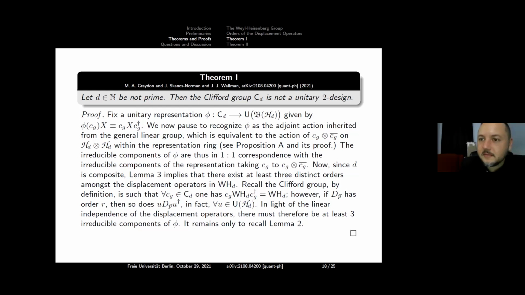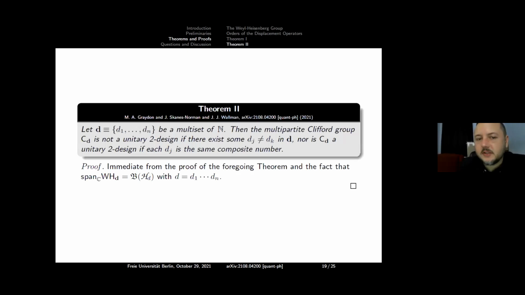Okay. I'm glad. So it's the same proof for the multipartite Clifford group, and now it's even more orders, by the way. I've taken the time to write it down, so I'll just spell it out. It's what I wrote before. The proof is exactly the same.